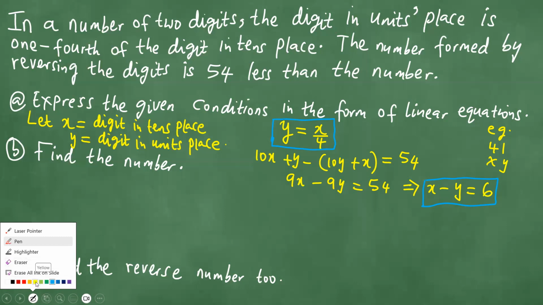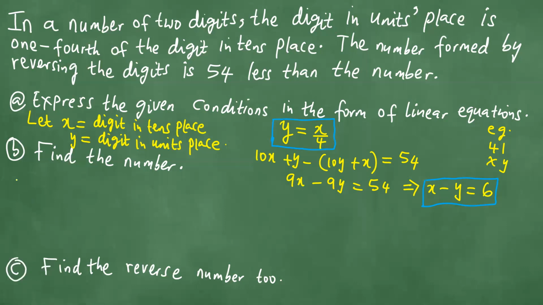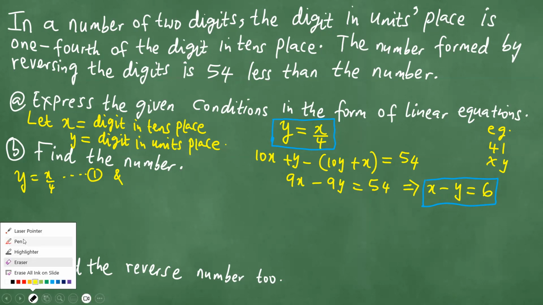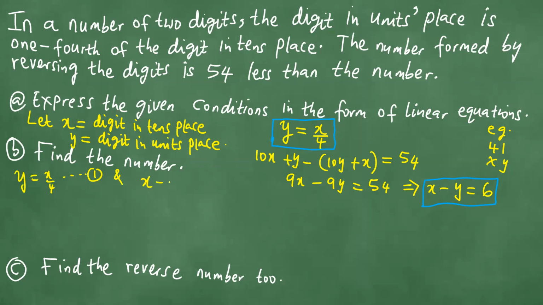So you can have y equals x over 4, call it equation 1, and you can write the other one as x minus y equals 6, and call this equation 2.